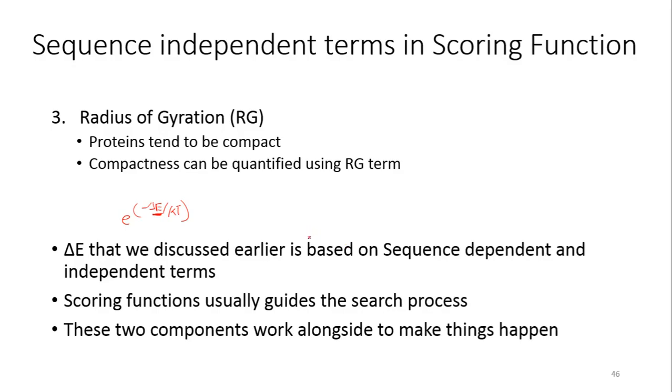Instead, in our algorithm, these two components work alongside each other to make things happen. So this is how your scoring and pose generation are intertwined with each other, and they work simultaneously.